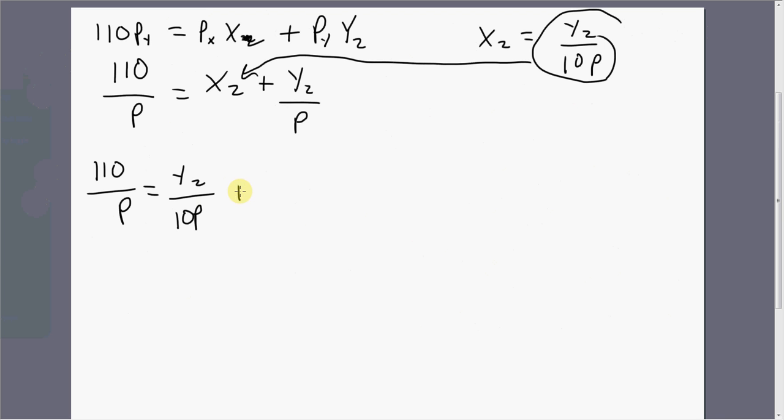Don't forget the 10. Adding up the right-hand side, the p's are going to cancel.